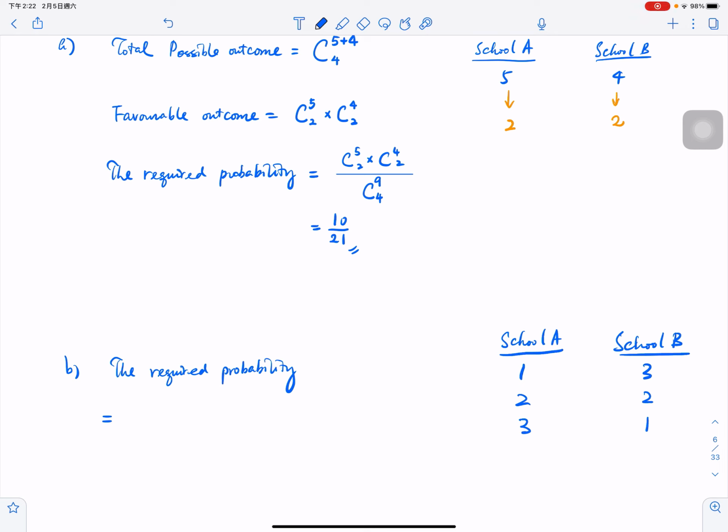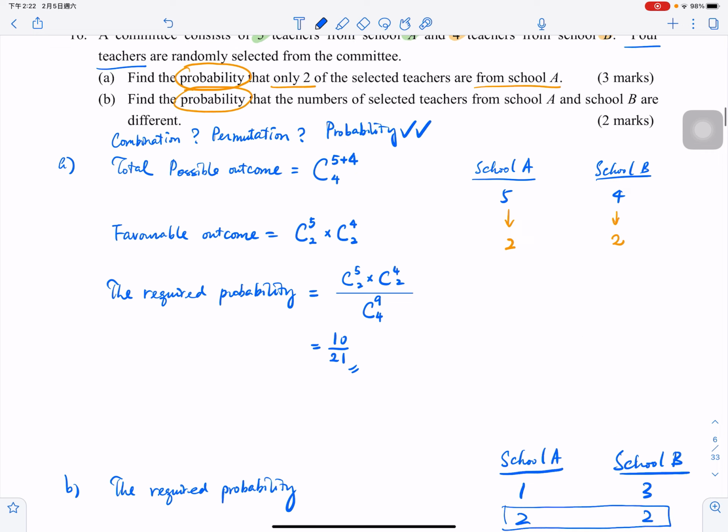Yes, so maybe all from school B or all from school A. So maybe you think of it like this. So how to do this one? You found that only this situation is the same, and all the others are different.